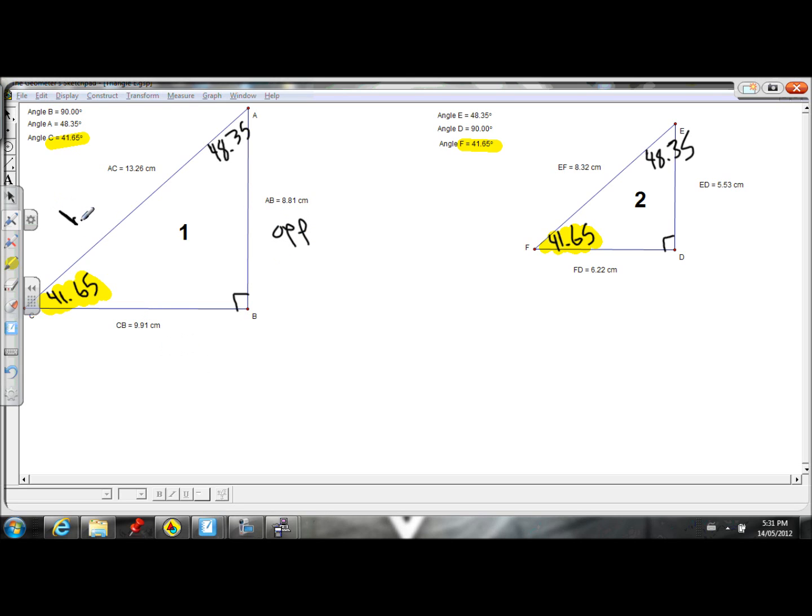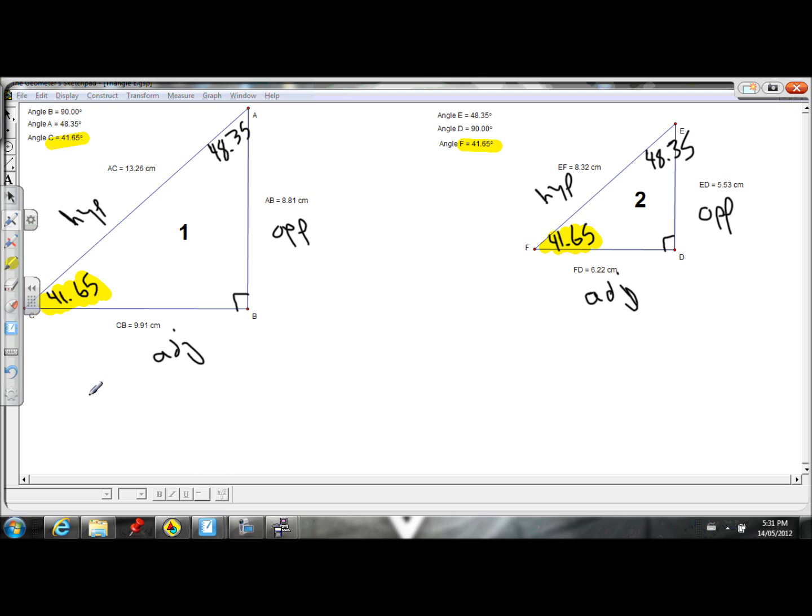This would be my hypotenuse, the side across from the right angle, and this would be the adjacent side. Let's label this one opposite to angle F, adjacent to angle F, and here's my hypotenuse. What I'm interested in now to figure out these trig ratios is the ratio of the opposite to the hypotenuse for both triangles.